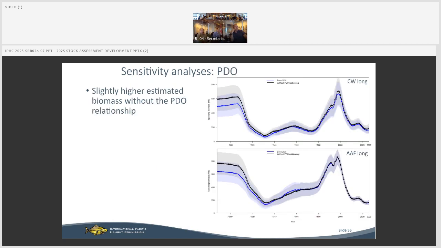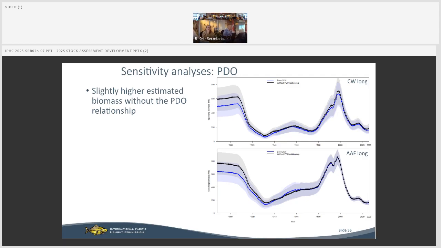So here's the PDO. This is with and without the PDO. The blue is the new PDO series and all the bells and whistles and everything else updated. And the black is without any PDO relationship at all. It's interesting, there's not really that much difference in the biomass time series. In the document, there's also the recruitment time series, if you want to see that.